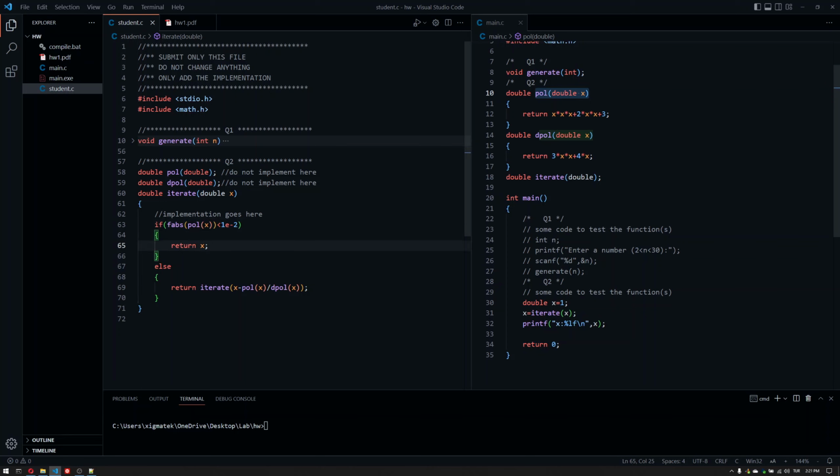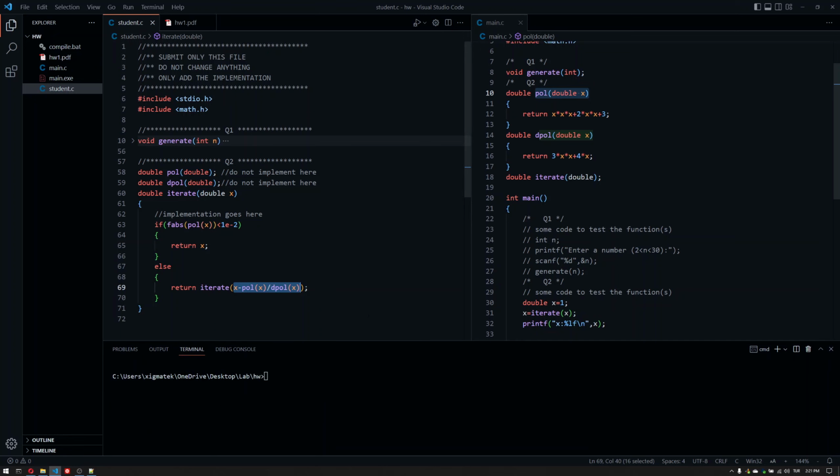If this condition is satisfied, it means that this is approximately 0, and if it's approximately 0, it's the root. Other than that, we just need to correct it with this update, which will be the new x value, and then we again return it with iterate, so it does it over and over again. Once it hits this condition, we are happy with the accuracy of the solution.